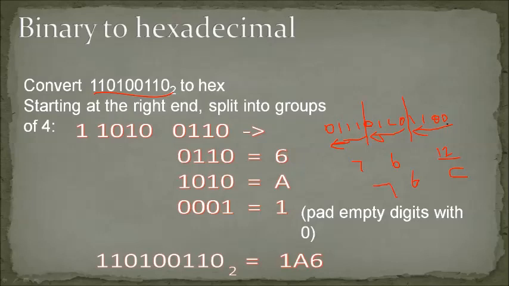So when you are writing the answer, you will write 7 6 C base 16. This is how you have to work this out, starting at the right end and splitting into groups. That's what is mentioned here. I hope you all understood this, right?